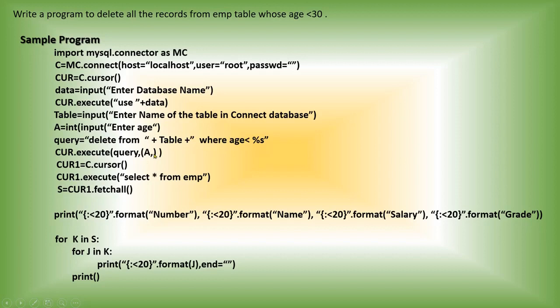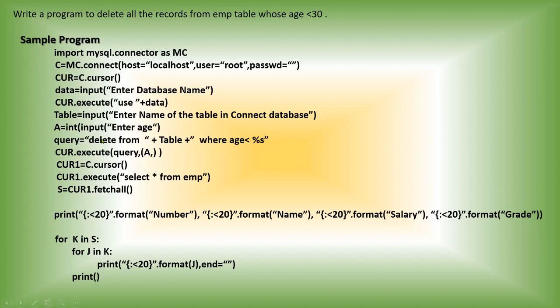That value is enclosed in the tuple and it's only one value, that is why it ends with a comma. If there are multiple values, there is no need of the comma at the end of the tuple. Here there is only one value, that is why the tuple is ending with a comma.